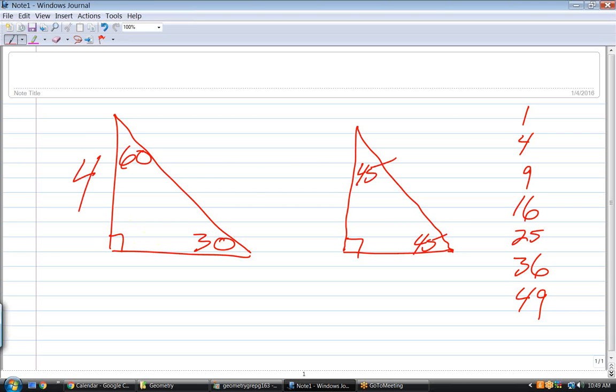If that's 4, what are the other two sides? Now, in order to know this answer, you have to know what your two unit ones are. Tell me the dimensions of this unit little one up here.